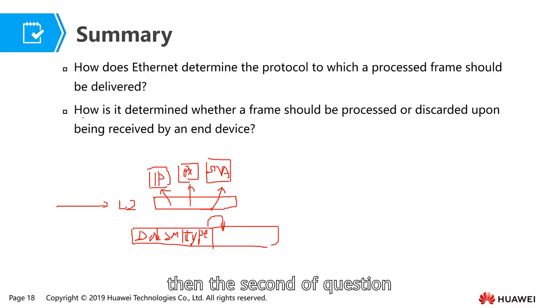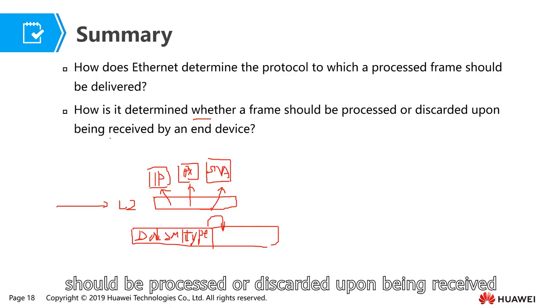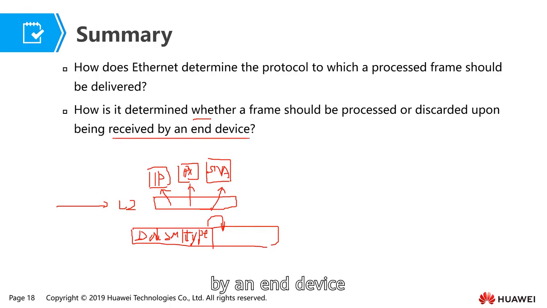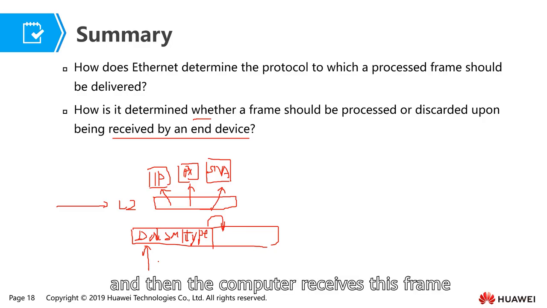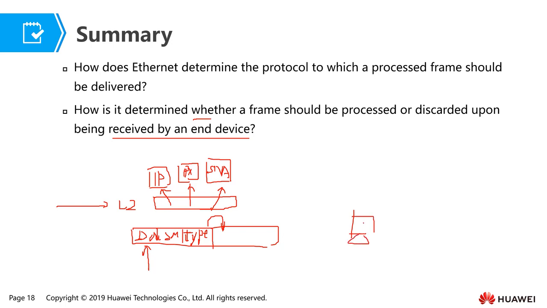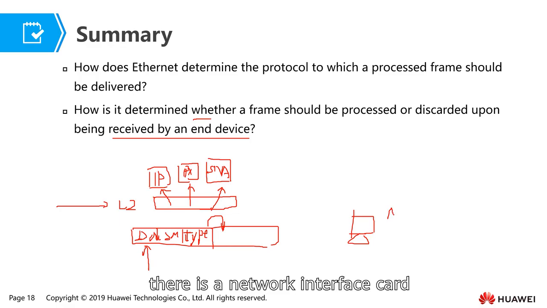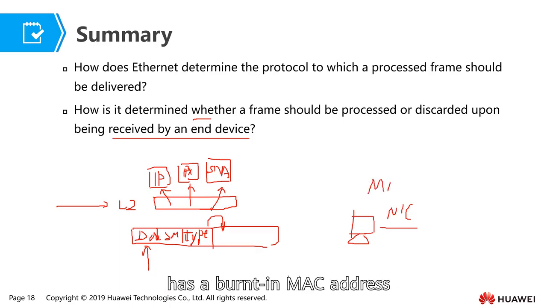Then the second question: how is it determined whether a frame should be processed or discarded upon being received by the end device? Use the destination MAC address. In the frame there is a destination MAC address, and the computer receiving this frame has a NIC, a network interface card, which has a built-in MAC address.